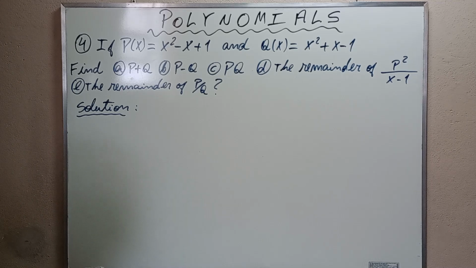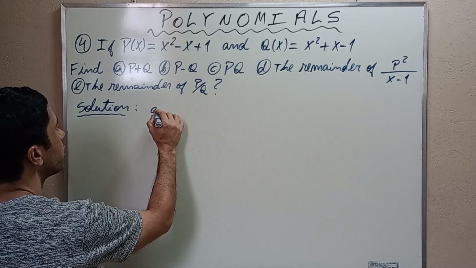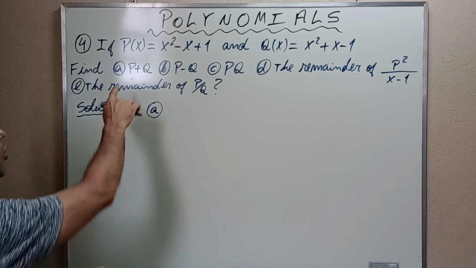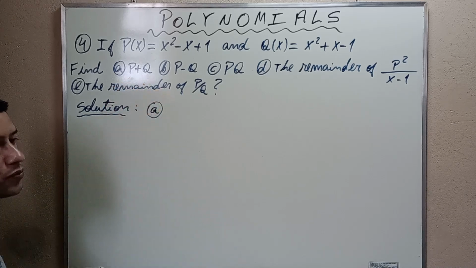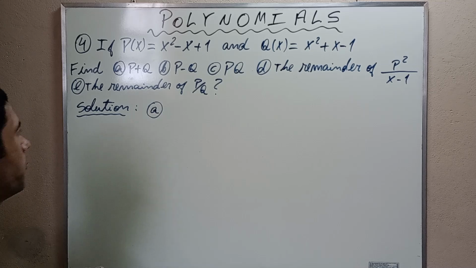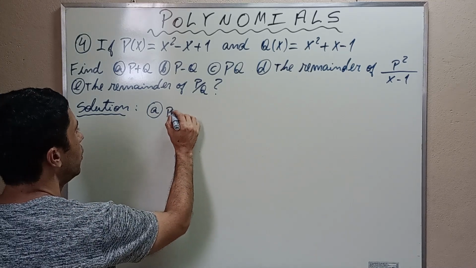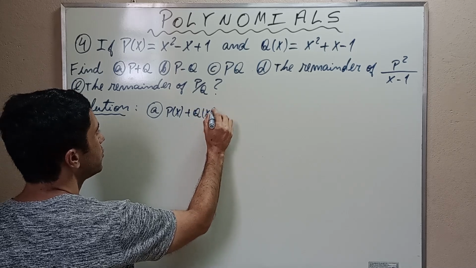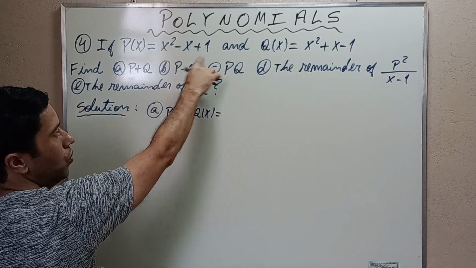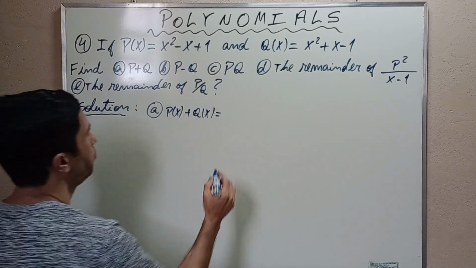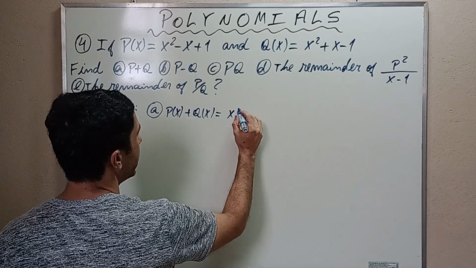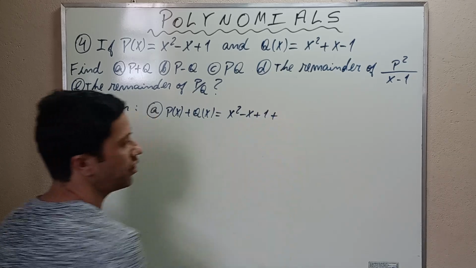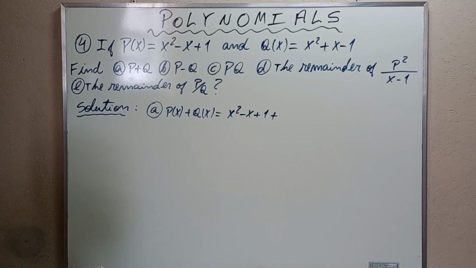Let's begin with letter A. The exercise wants us to sum p with q. We simply do it. P of x plus q of x. We write p: x squared minus x plus 1, and we sum with q.